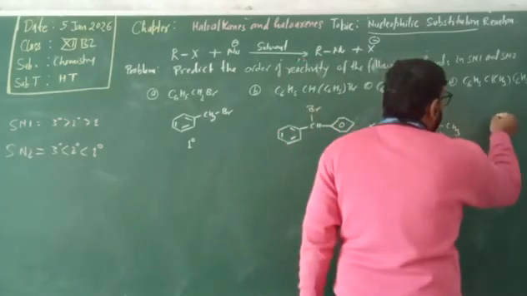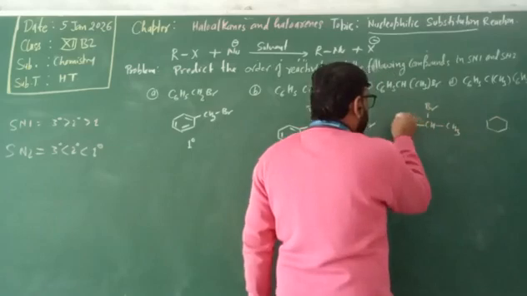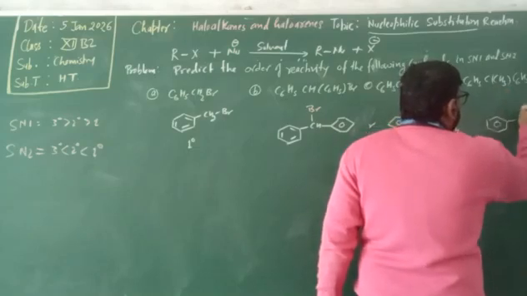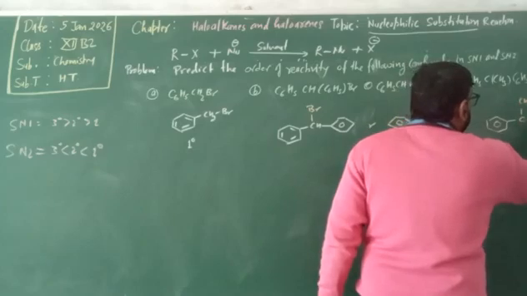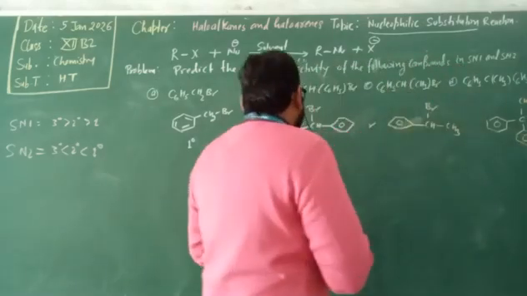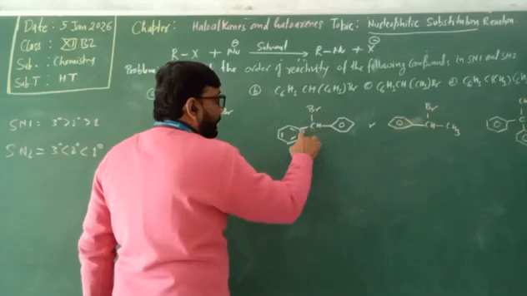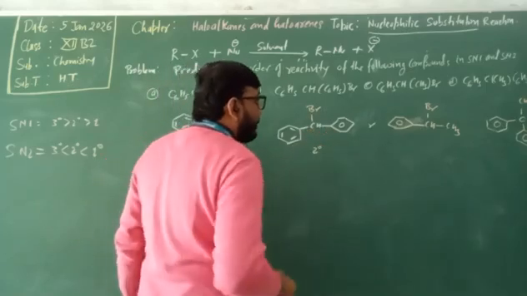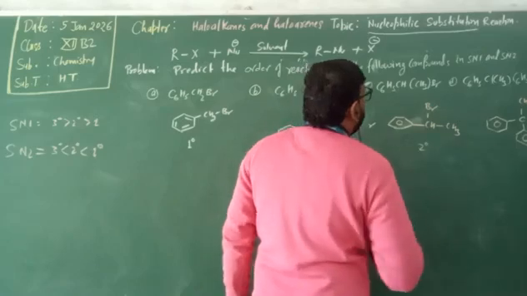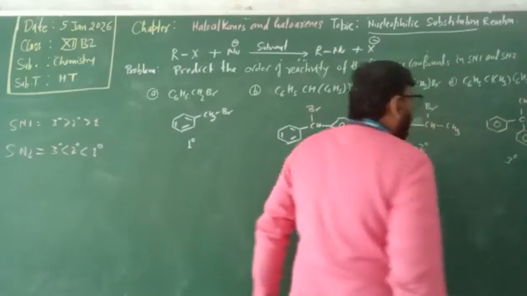And about the next, C6H5C has CH3, Br and C6H5. This carbon is connected to 1 and 2, so it is 2 degree, and this one is connected to 1, 2 and 3 carbons, so it is 3 degree.